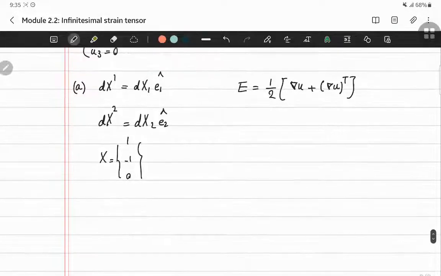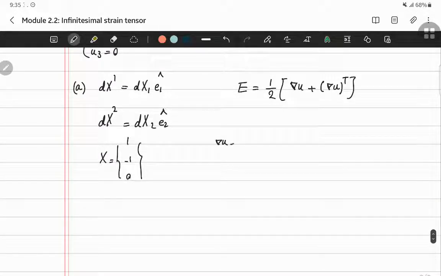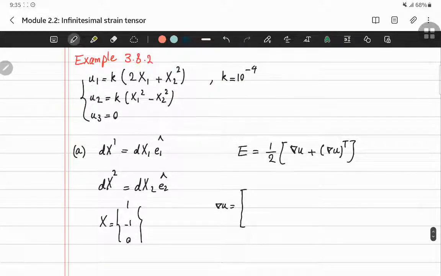Great. So if we calculate del U, we get something like, so the derivative of u1 with respect to x1, which is 2k x1, then with respect to x2, so it is minus 2k x2, 0, u2 with respect to x1, 2k x2, 2k x1, 0, 0, 0, 0.